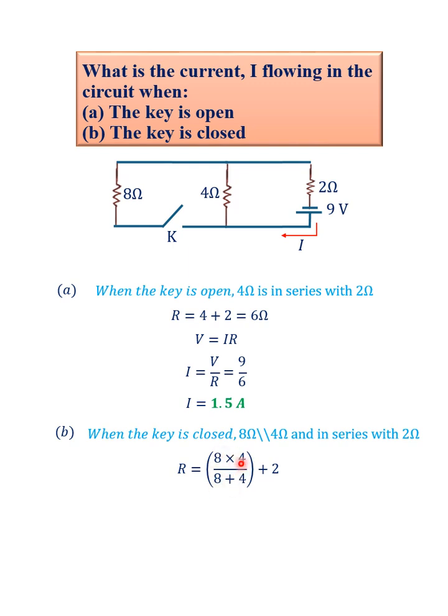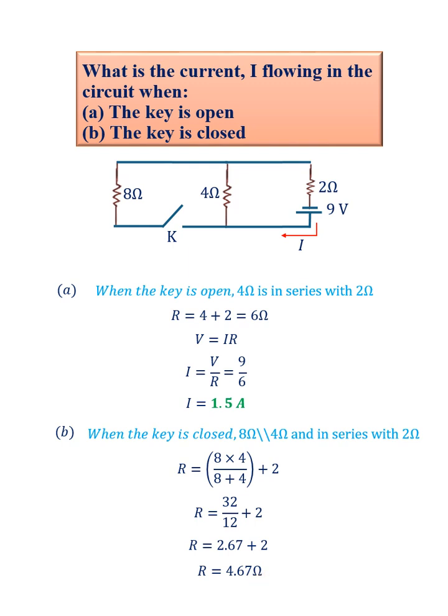This bracket resolves the parallel combination, plus 2 because it is in series with the 2 ohms resistor. 8 times 4 is 32, divided by 12, plus 2. 32 divided by 12 gives us 2.67, and when you add 2 to it, the resistance becomes 4.67 ohms. So the resistance of the entire circuit when the key is closed is 4.67 ohms.